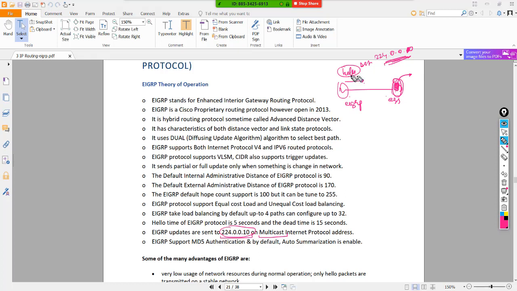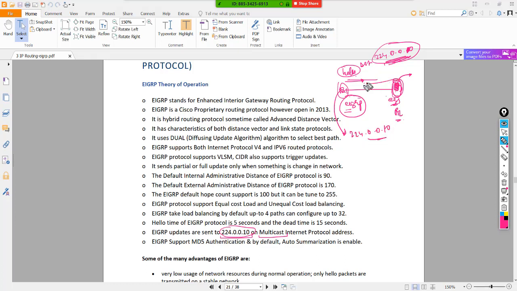So when the hello packet hits R2, where EIGRP is already configured, it will have this IP listening. Similar things happen on R1. As soon as you enable the EIGRP protocol on R1, it's listening on 224.0.0.10.